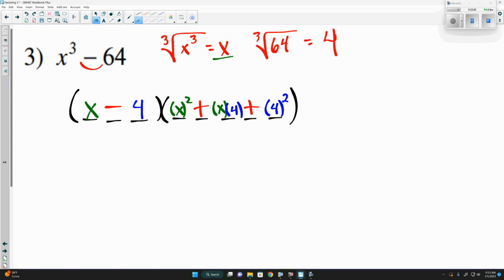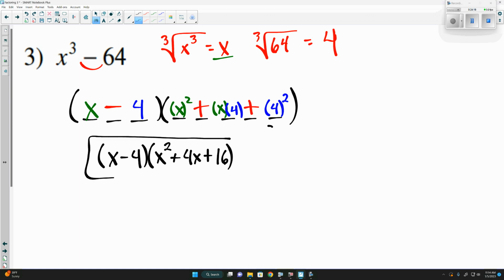And there's probably going to be one that's going to give you 64 as the third number here. That's gone because that's way too big. 64 is not going to show up. But if we simplify this down, we get x minus 4 times x squared plus 4x plus 16.